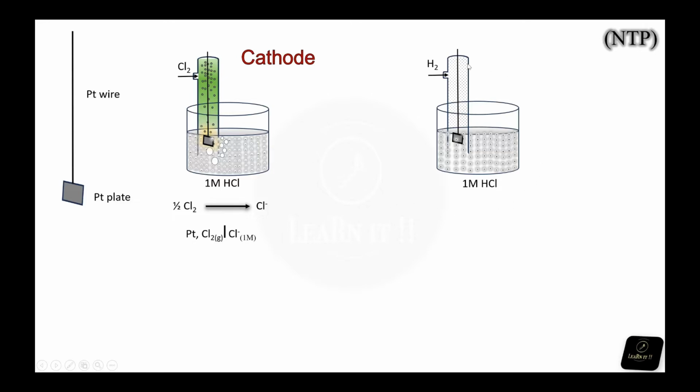The interesting phenomenon happens with respect to the hydrogen electrode. There are two possibilities. First, the hydrogen can act as an anode. The representation is like this. Or it can act as a cathode.